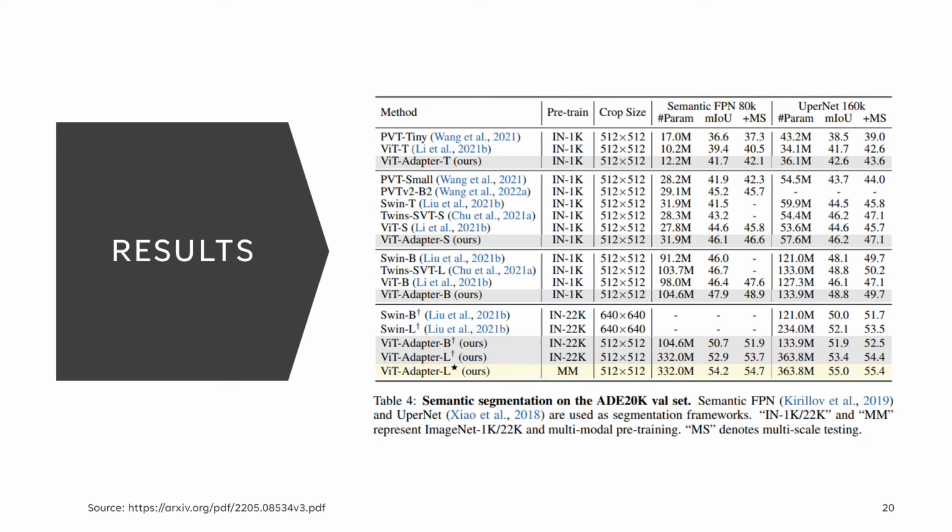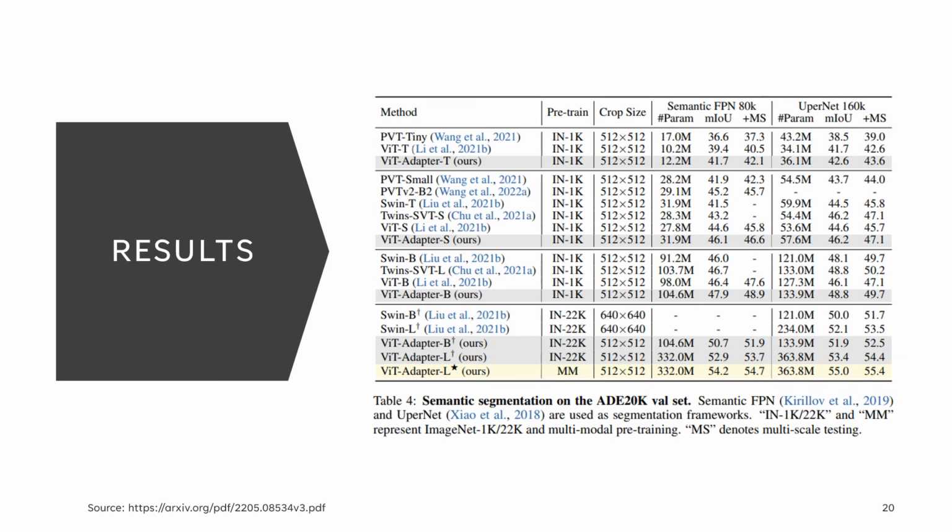The results are reported in terms of single-scale and multi-scale intersection over union, or IoU. The table shows the different ViT adapter models, tiny, small, base, and large, against other state-of-the-art models and the plain ViT models. The pre-training was done on both ImageNet-1K and ImageNet-22K, as well as a multimodal dataset.